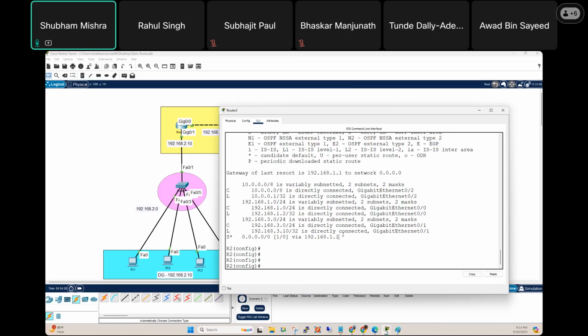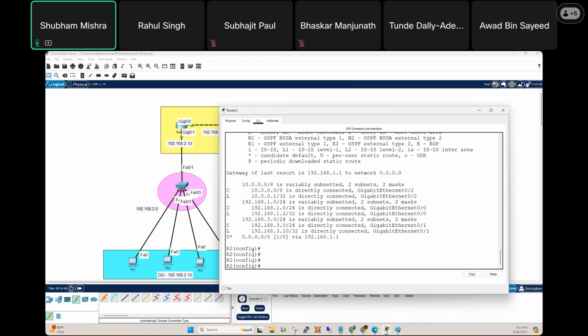That's the reason I asked you guys. So please don't be confused. For the default route also, the AD value is 1. If it is OSPF, then 110.